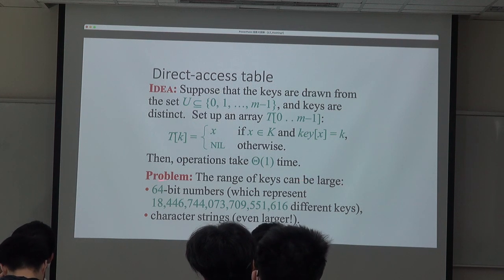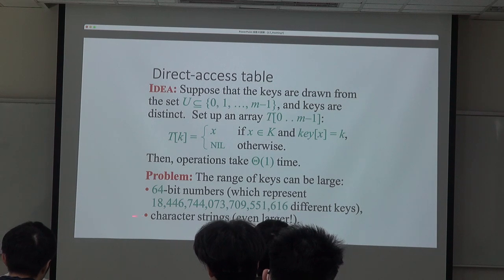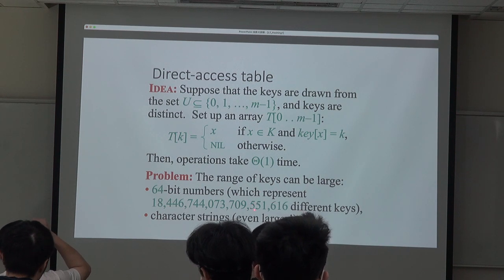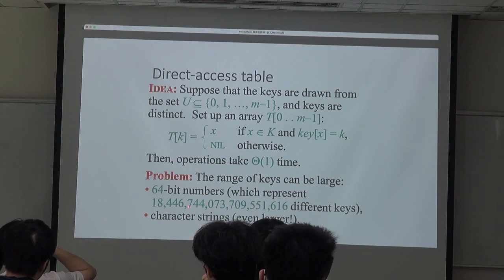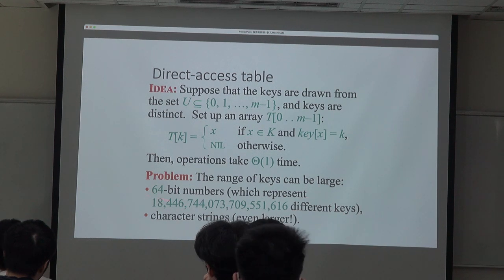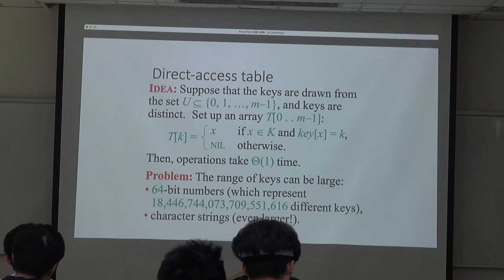Suppose the keys are represented by 64 bits. Then potentially it could hold this many keys. I don't even know how to pronounce this number: a thousand, million, billion, trillion, and then beyond that I don't know. But obviously you can see that there are so many different key possibilities out there.